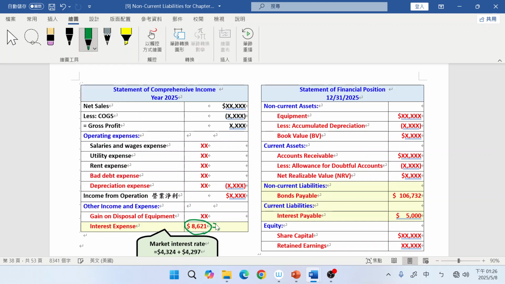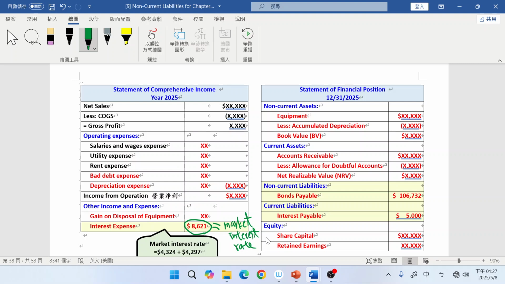Don't forget, interest expense is your total cost of borrowing. So what's your total cost of borrowing? Always the market interest rate. When you look at financial statements, interest expense is your total cost of borrowing, 总借贷成本. How to get the number?